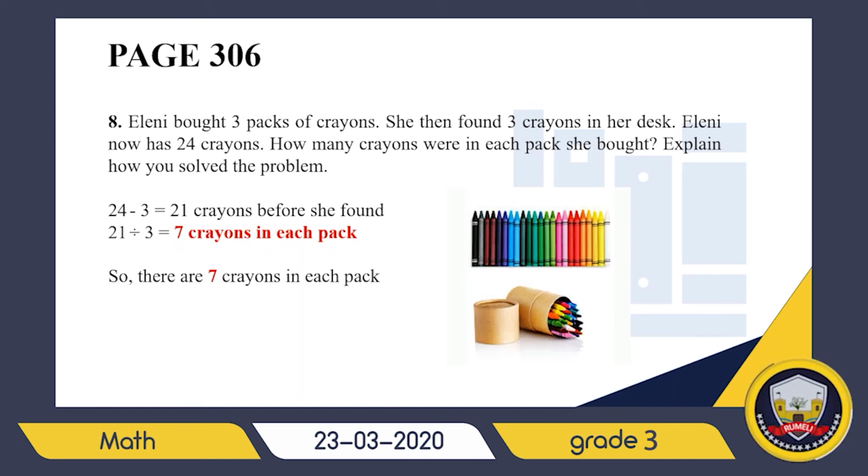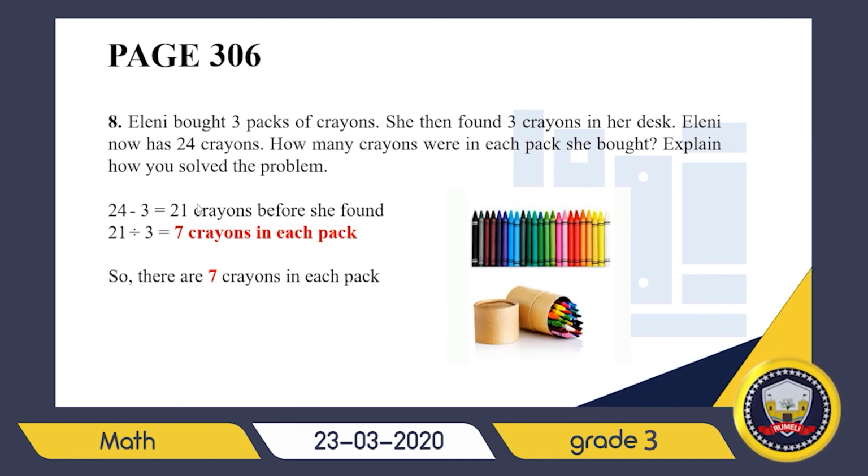So I need to find how many crayons she had before she found 3 crayons. So I need to do subtraction. 24 minus 3, because she found 3 crayons. So I'll find 21 crayons before she found these crayons.